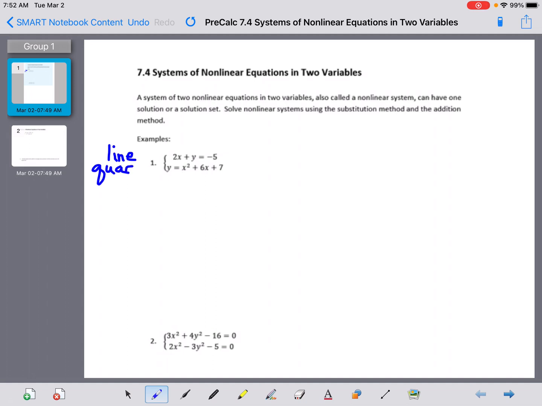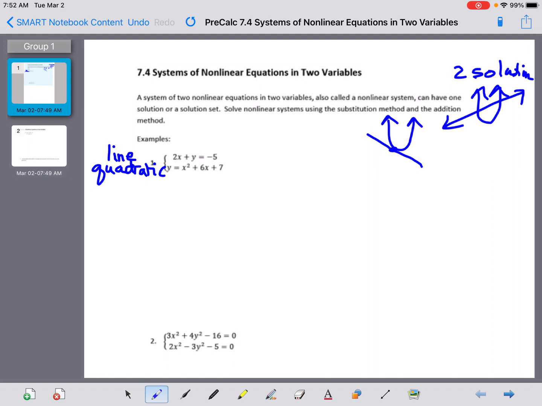So when you think about what our choices are here, if we have a parabola, maybe that line comes through and hits it twice, okay? So if that's the case, we would have two solutions. But maybe we have a parabola and the line comes through and just touches it one time, okay?